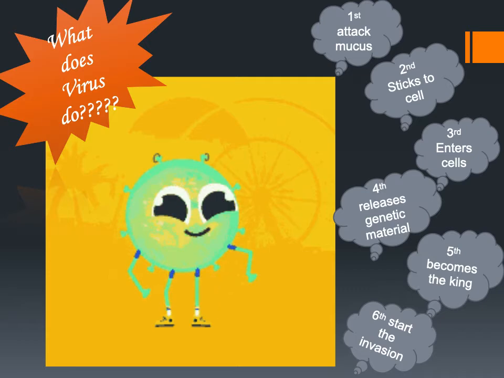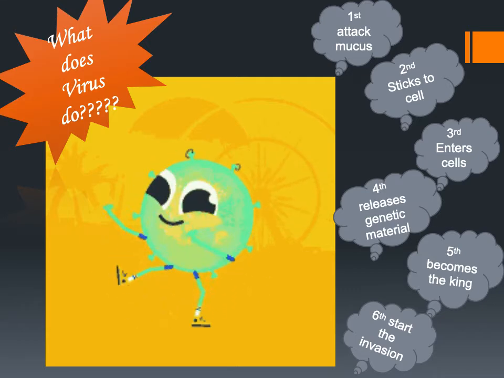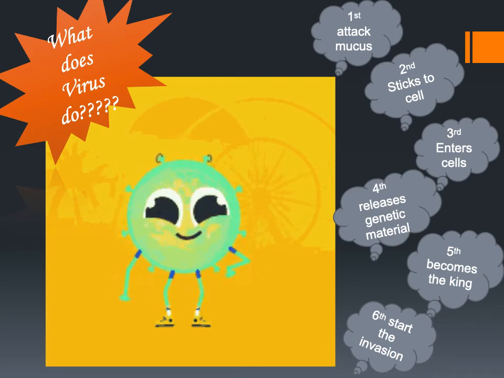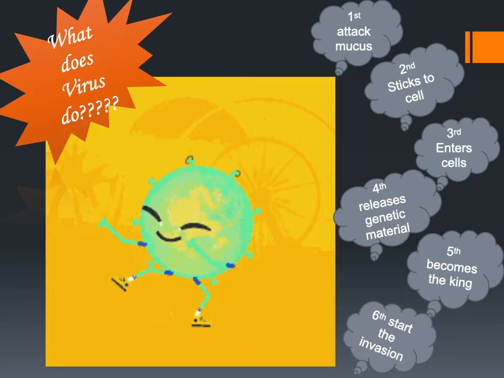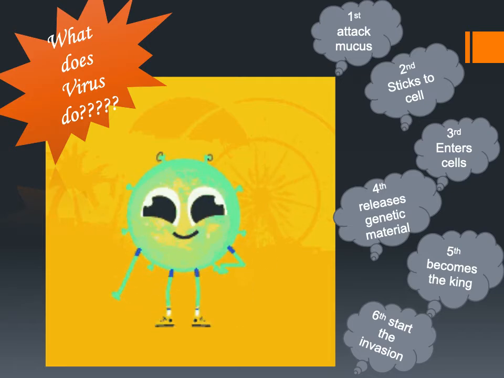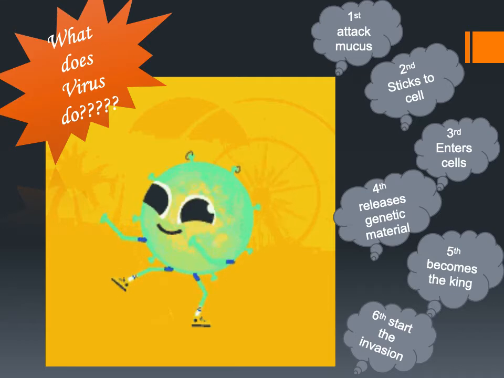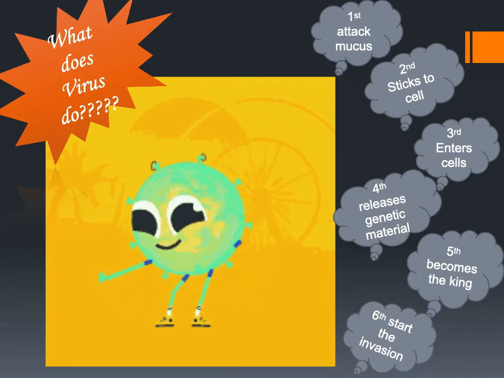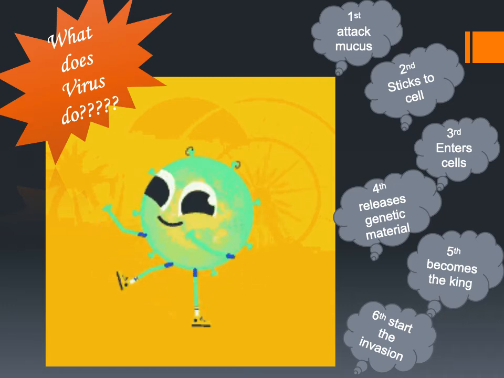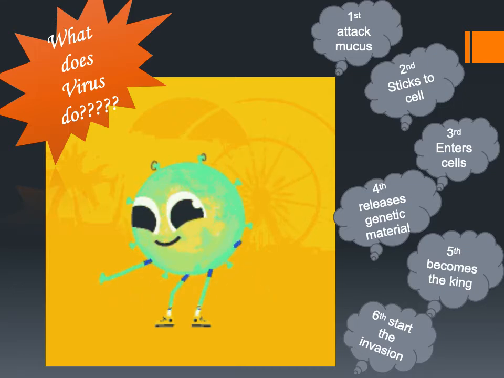So first, the virus penetrates through the mucus layer. Once it penetrates the mucus layer, it sticks to the specific receptors. Once it sticks to the specific receptor, it enters the cells. Once it enters the cell, it breaks down the capsid and releases the genetic material, whether RNA or DNA, and replicates and reproduces in the specific host cell of the human body.